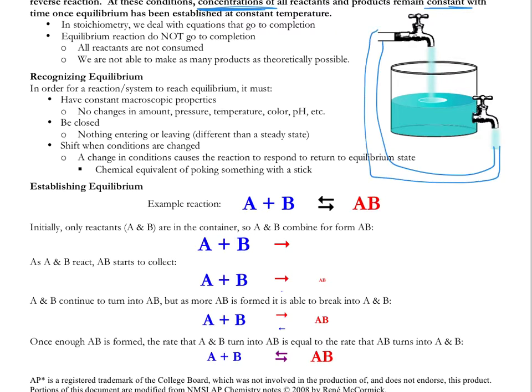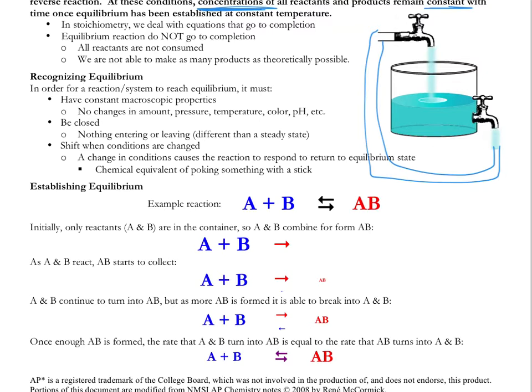Obviously you're not going to be asked about filling a container and draining that container, but the idea here is that we don't have a new chemical coming in, so we're not making new products and then those products are disappearing. The products themselves are turning back into the reactants. So it's not just a steady state of making this and consuming that, where things are happening constant over time. You could almost think of it as a recycling process in the back and forth, or maybe even more than recycling, the reuse part of reduce, reuse, recycle.